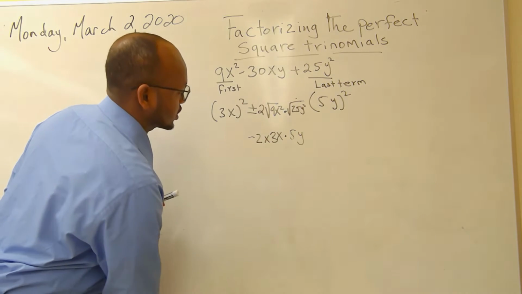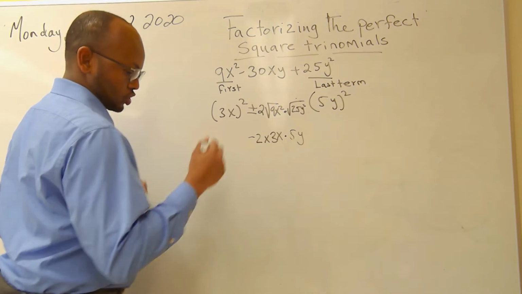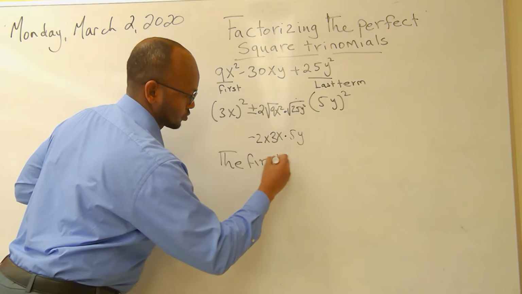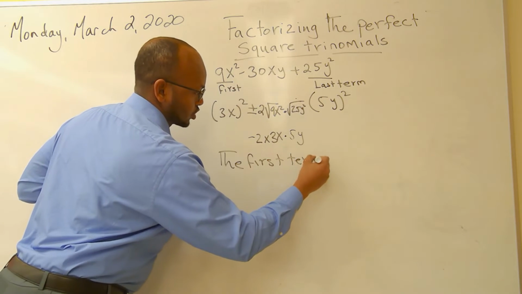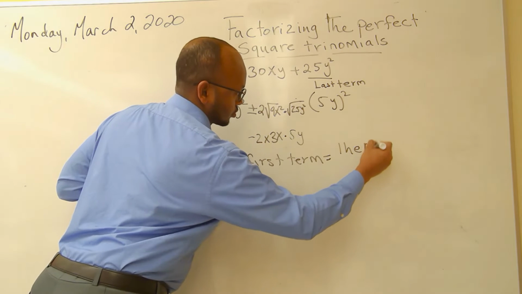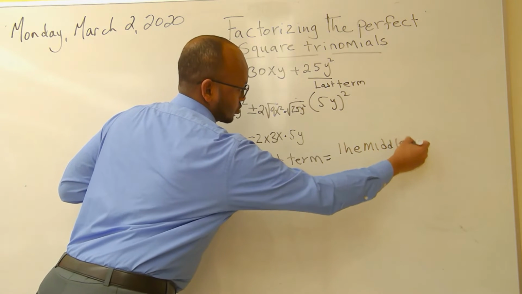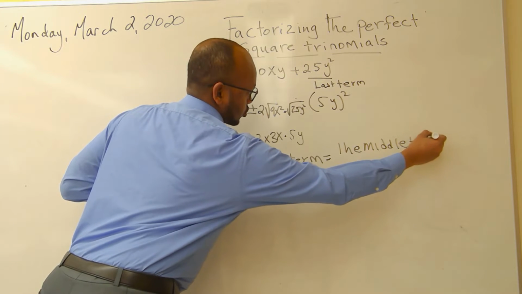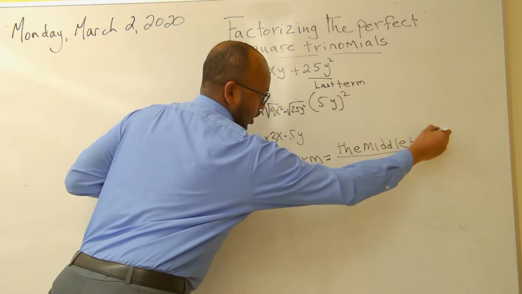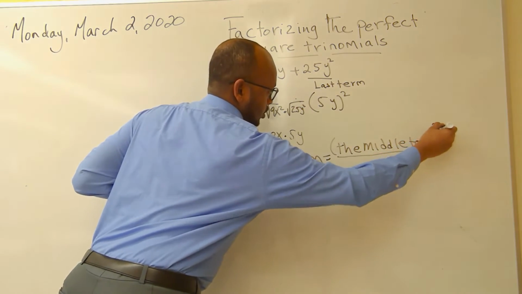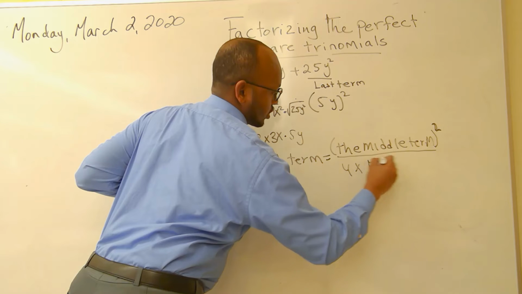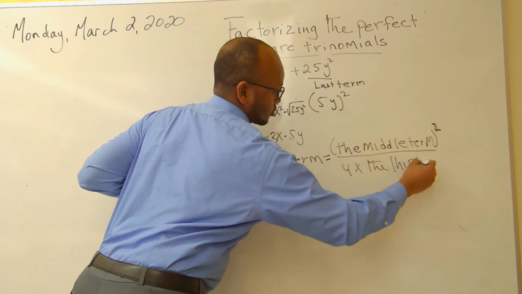Let's see if you are missing the first part. This is what you're going to do. The first term is equal to the middle term squared, over 4 times the third term.